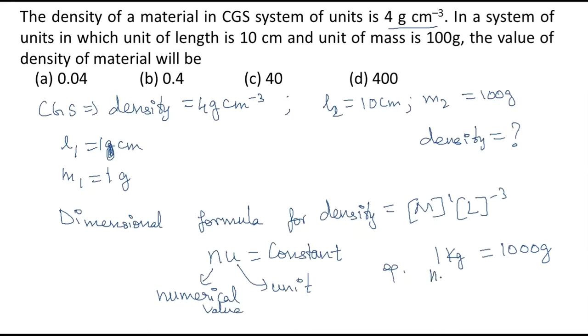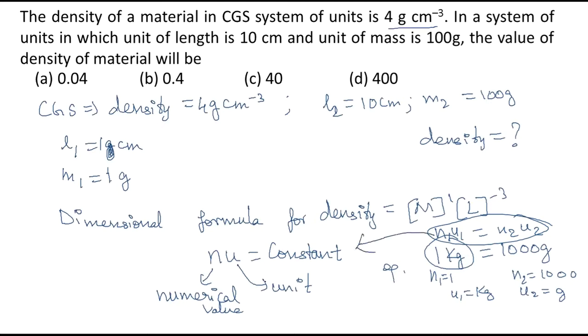Here the numerical value N1 is equal to 1, U1 equal to kg, N2 is equal to 1000, U2 equal to gram. But N1 U1 equal to N2 U2. So that's what they said, nu equal to constant. So 1 kg is equal to 1000 gram. Irrespective of the units, when multiplied with the numerical value, both are the same.